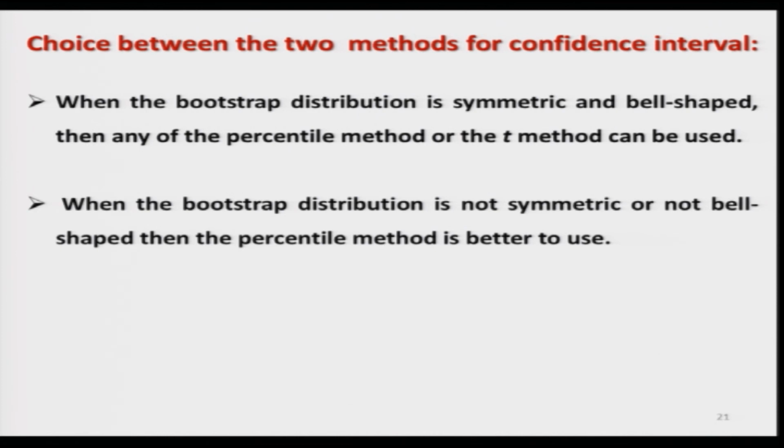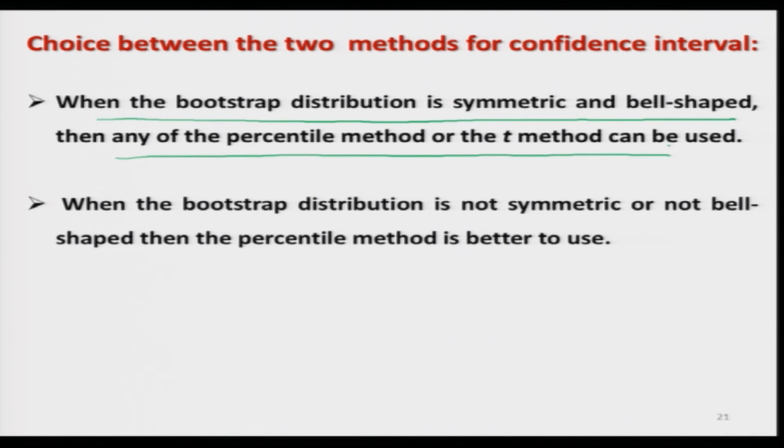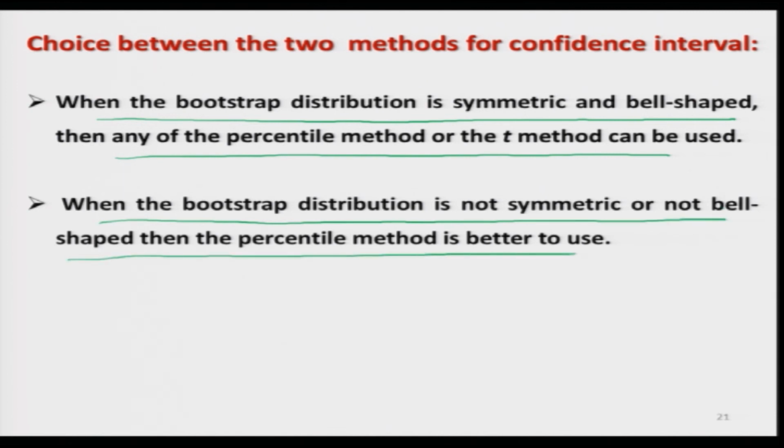So, in very simple language, when the bootstrap distribution is symmetric and bell shaped, then either the percentile method or the T method can be used. And when the bootstrap distribution is not symmetric or not bell shaped, then the percentile method is better to use, right. And similarly, there are other types of constraints for other situations where these different types of confidence intervals can be used.